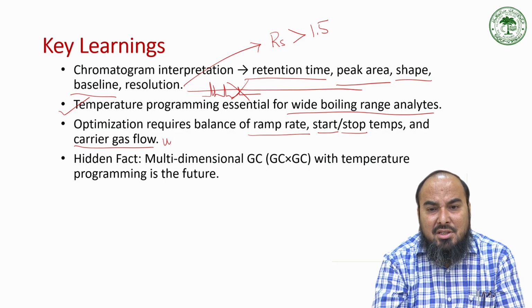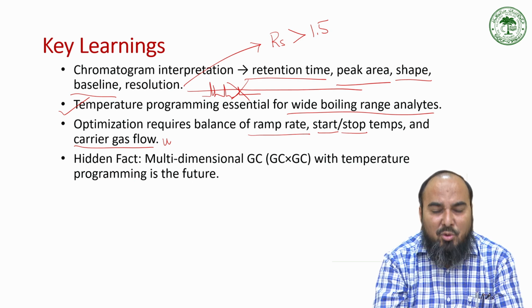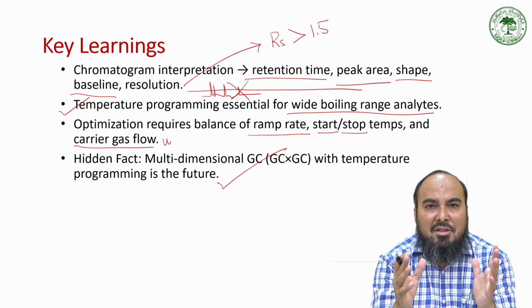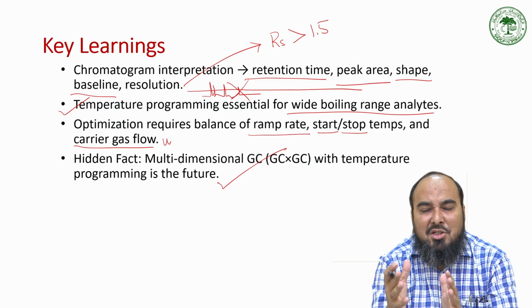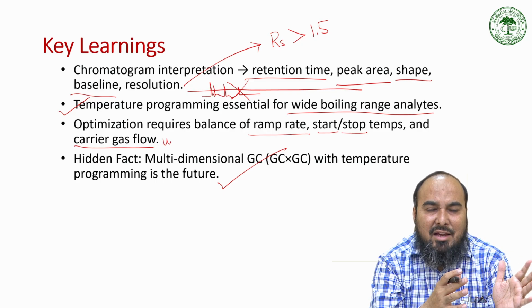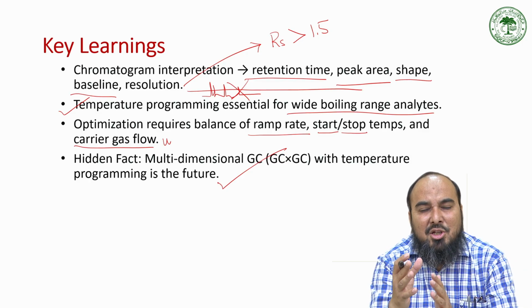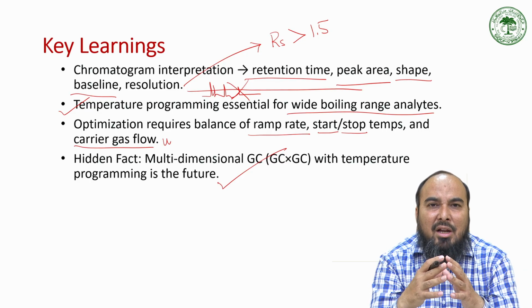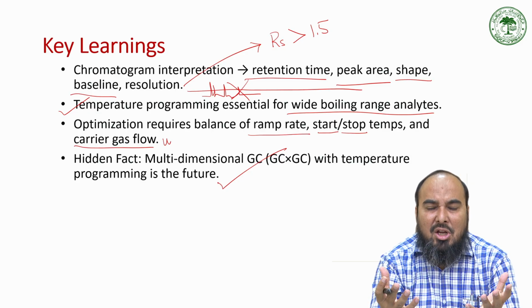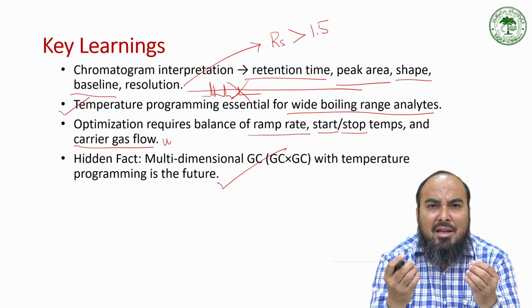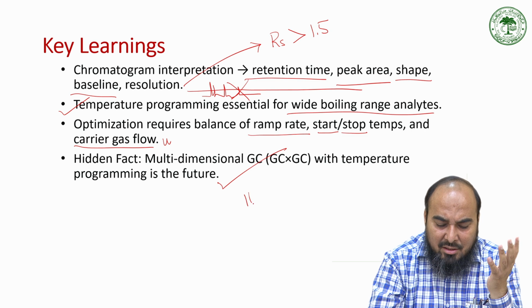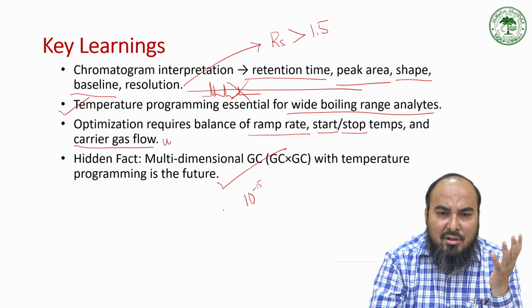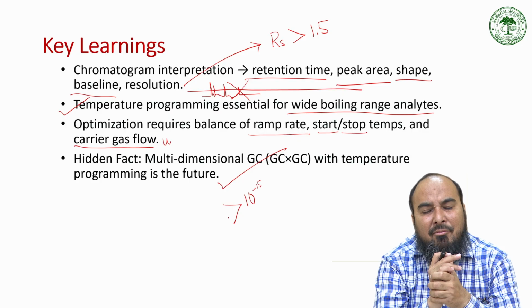So multi-dimensional GC, that is GC into GC with temperature programming, is actually the future, or you can say the silver lining, where we can couple one GC with another GC, where one GC has certain detectors and certain columns, and the other GC has certain detectors and certain columns, and you will get highly separated components, even greater than 10 to the power 15 gram value.